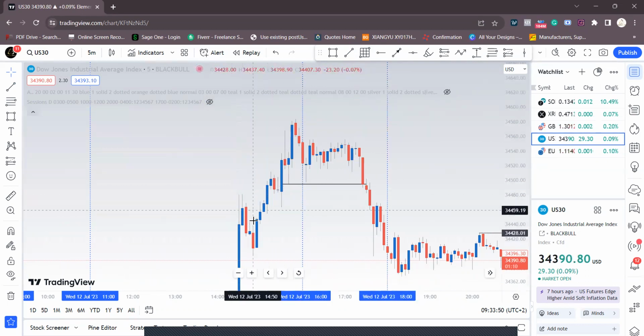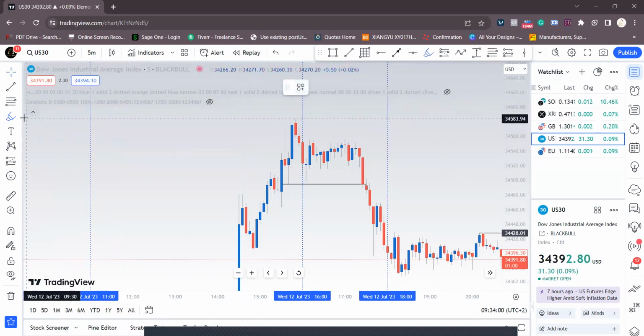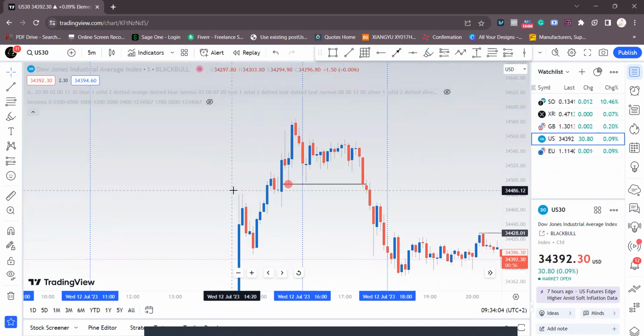As you can see, higher high, higher low, higher high, higher low, higher high, higher low, higher high. At this point right here is our last higher low, and I was expecting that to break. Once it broke, I was looking for my fair value gap.